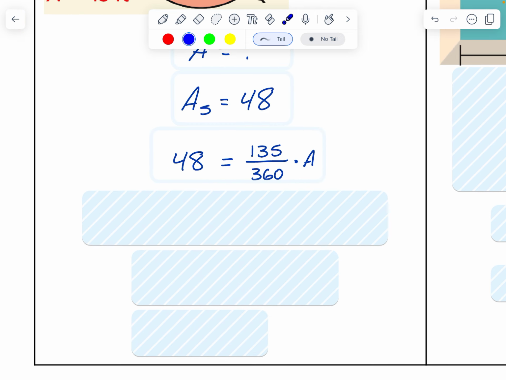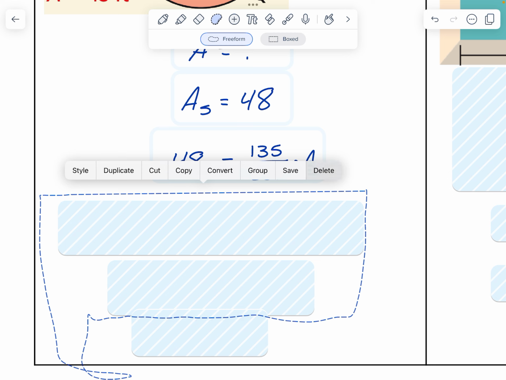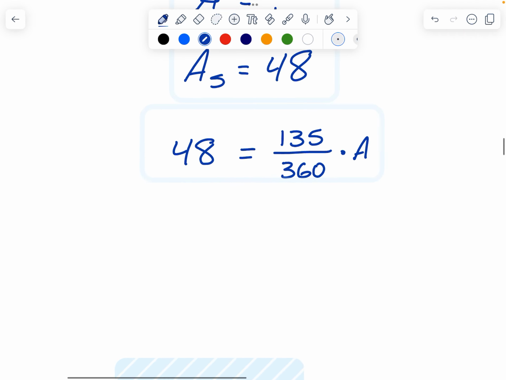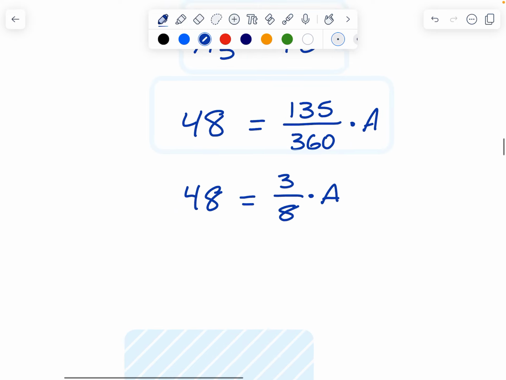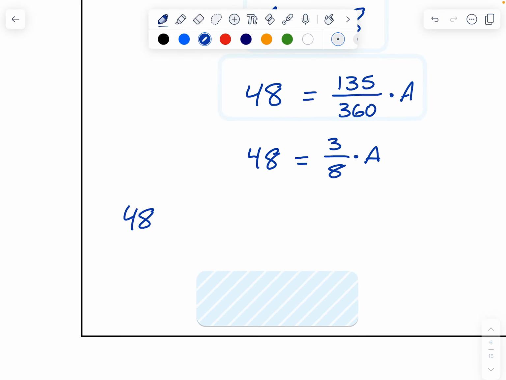Let's see if I did it right in my notes. I didn't even do it how I want to, so I'm going to go back through it. I didn't leave that answer there, though. 135 over 360. What I can do is leave that as a reduced fraction, which would be 3 over 8 times my area. I could bring my area up to the numerator, so I have 48 is equal to 3 times a over 8.